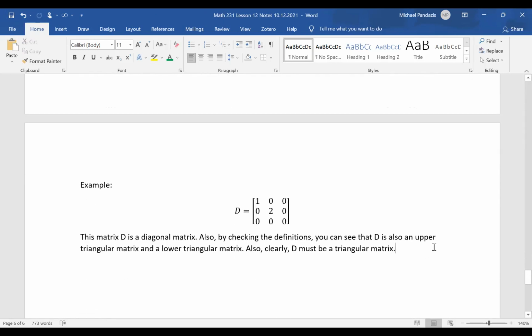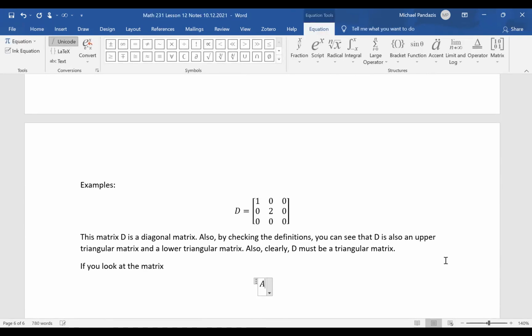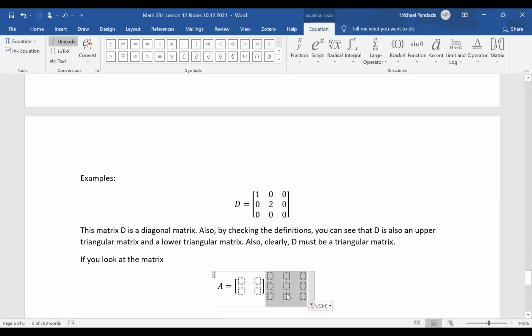So for instance, if you look at matrix capital A, let's say you look at the matrix A, and it's this. Okay, so this looks like an easy one.